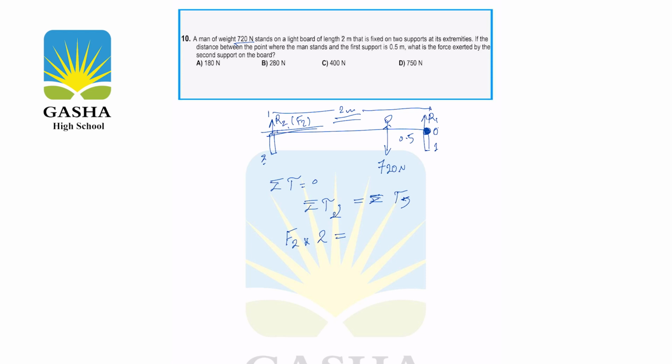What about 720 Newton? 720 Newton is only 0.5 meters away from the axis of rotation. So we can easily find F2, and that's equal to 720 times 0.5 divided by 2, and you will find the result, which is equal to 180 Newton. So A will be the correct answer.